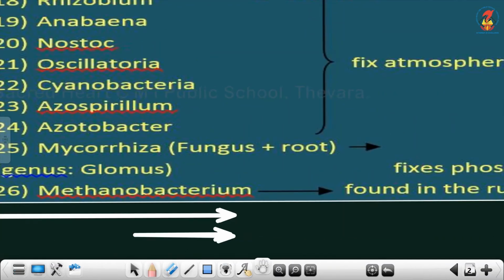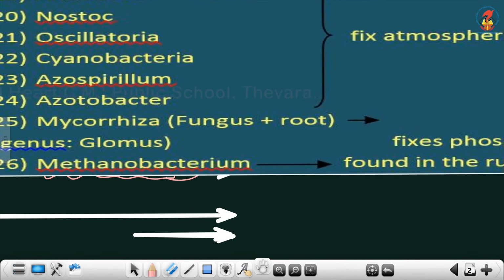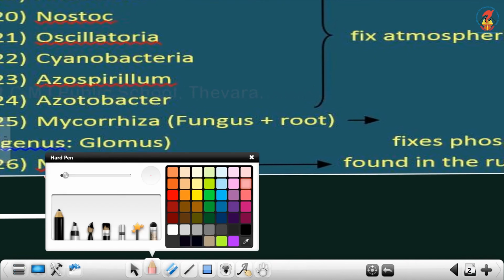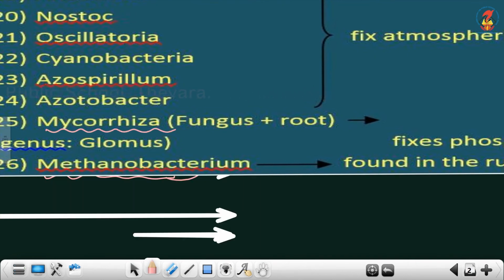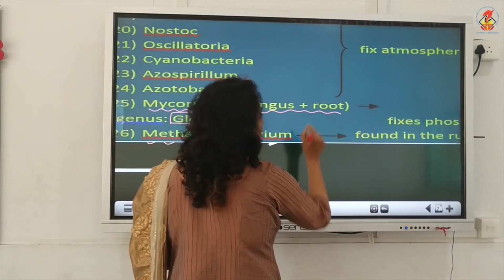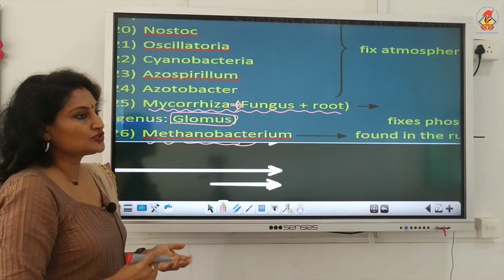Next we have the one which fixes atmospheric phosphorus. The fungus belongs to the genus Glomus. So what is this? Mycorrhizae, again you have learnt in 11th standard. What is mycorrhiza? Mycorrhiza is the association of fungus with the roots of higher plants or with the roots of trees.